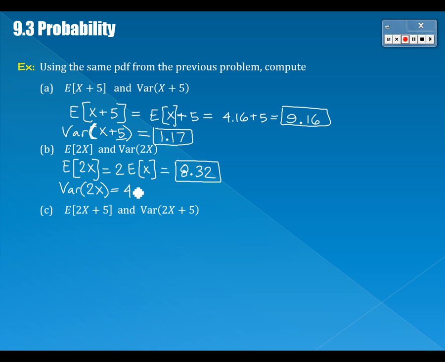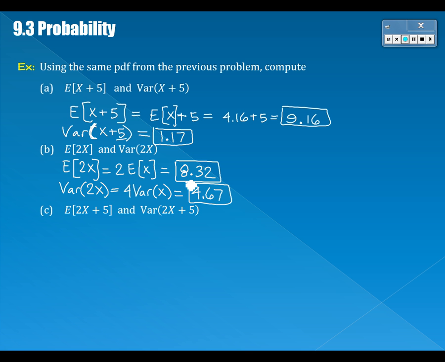The square of 2 times the variance of x. So we get 4 times 1.17. I'm using exact values. Hopefully you stored these in your calculator. I'm getting 4.67 as our answer.